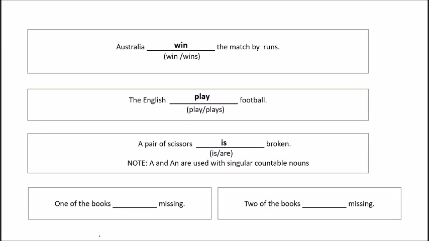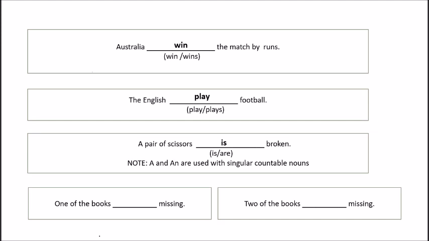Next we have two examples. Try to fill them. One of the books dash missing. Two of the books dash missing. Coming to the first sentence, one of the books dash missing. So try to fill it with is or are. What do you think the blank for the first one? Okay, let me explain.